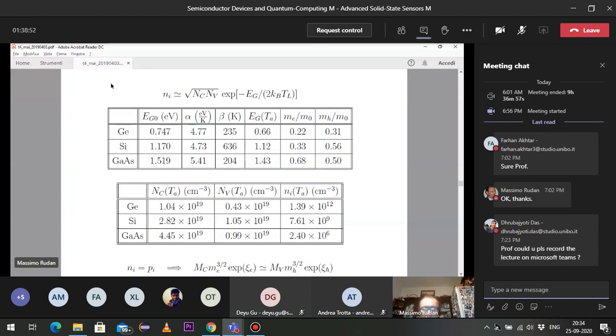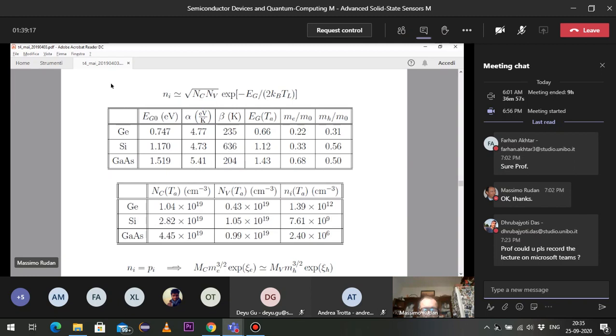So the average effective mass for the electrons is given, as usual, in relation to the mass of the free electron M0, okay? So those are the values, okay? They are slightly smaller than the mass of the free electron, okay?